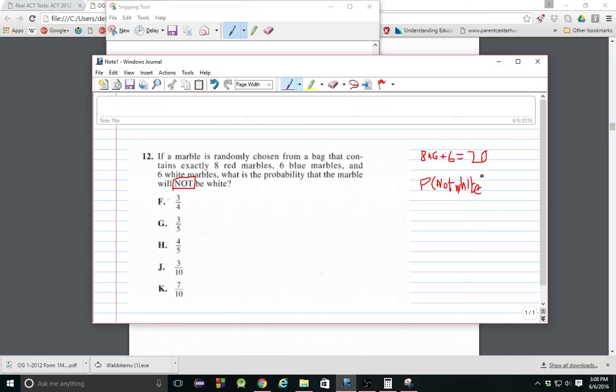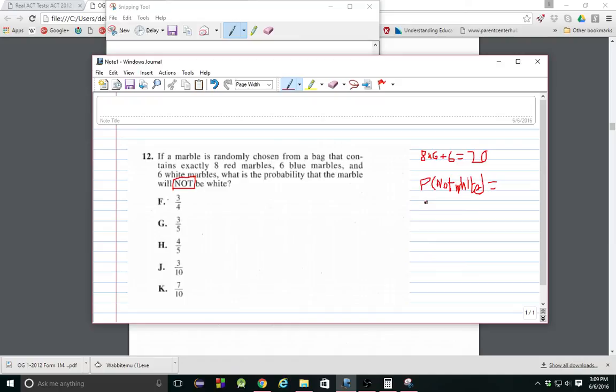The probability of not white is essentially the total minus the probability of white.